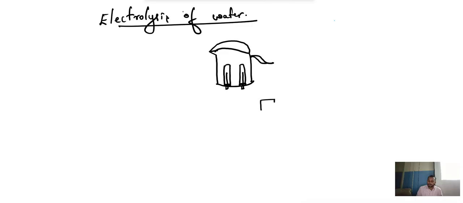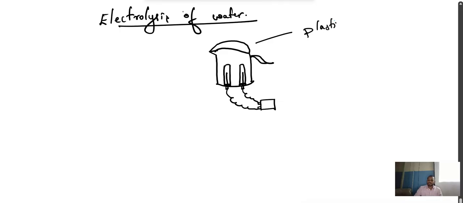And here we have a source, that is a battery source. Now we are going to connect this to a battery. Any doubts? Is this clear? We have taken a beaker, or else you can consider it as a plastic mug.